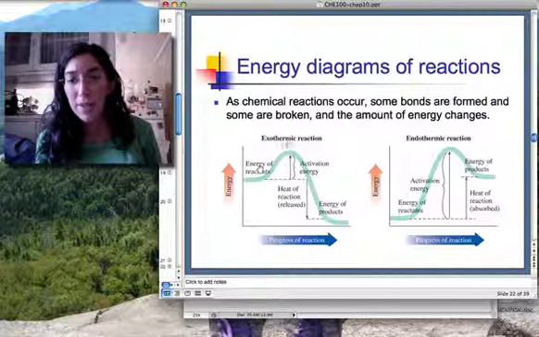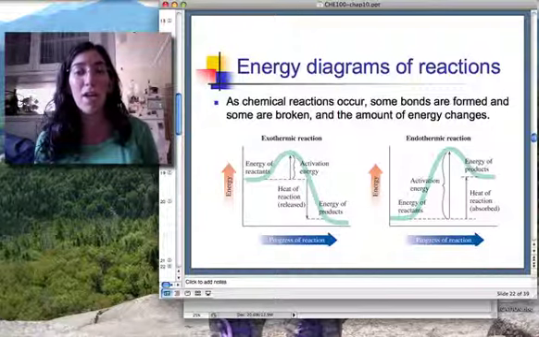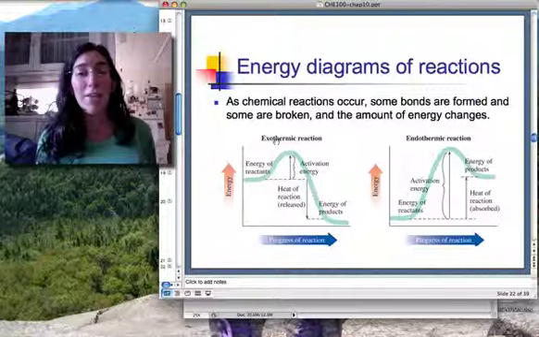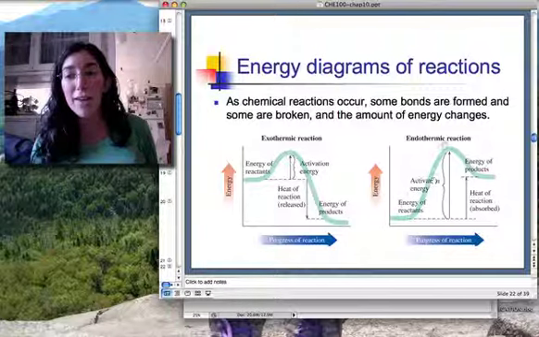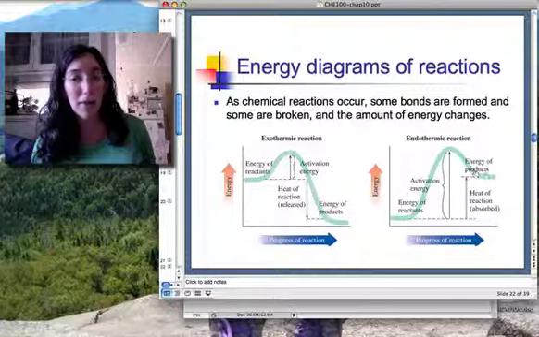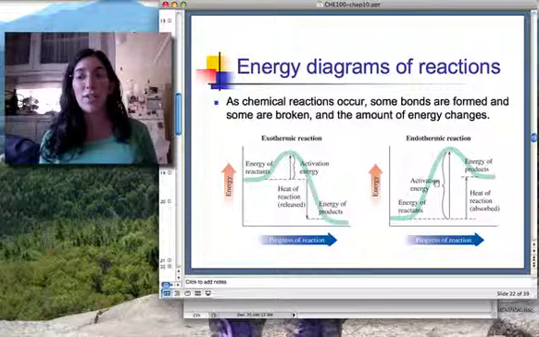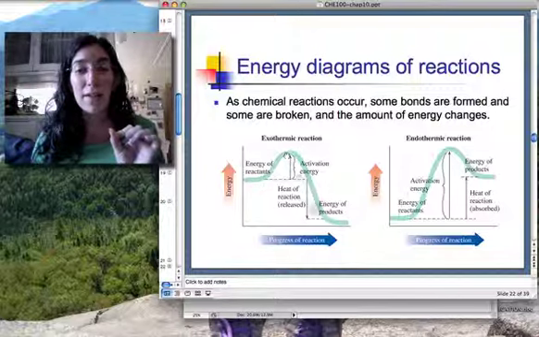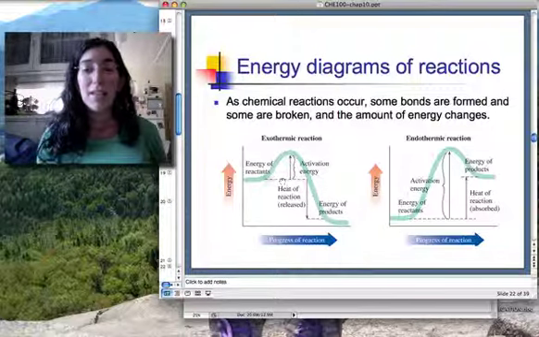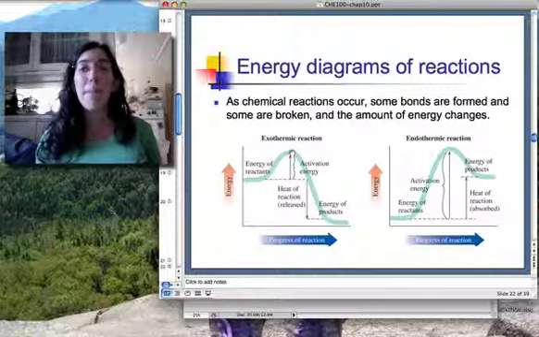So this little hill here, all chemical reactions have an activation energy. They all have a little peak right away, whether they're exothermic or endothermic. So this endothermic reaction here has a big hill and then kind of drops off towards the product. Again, this is the activation energy. The activation energy definition, when you're doing an energy diagram, is the difference between the energy of the reactants and the peak of this hill.